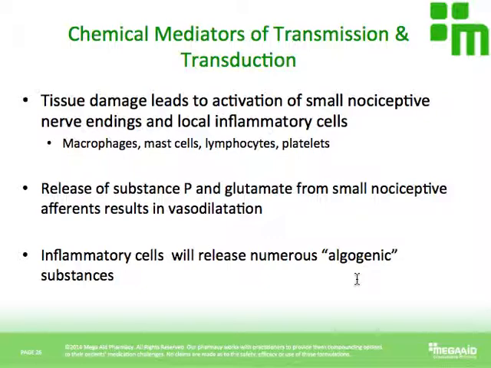C fibers, or different fibers, are going to be sensitized by these chemicals, and that will lead to primary hyperalgesia, which is the definition of an exaggerated response to pain at the site of injury.